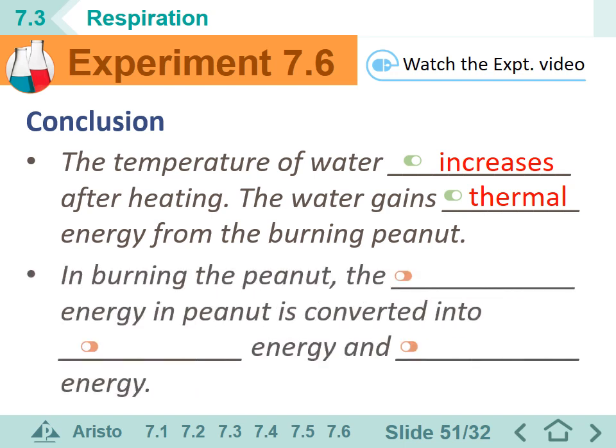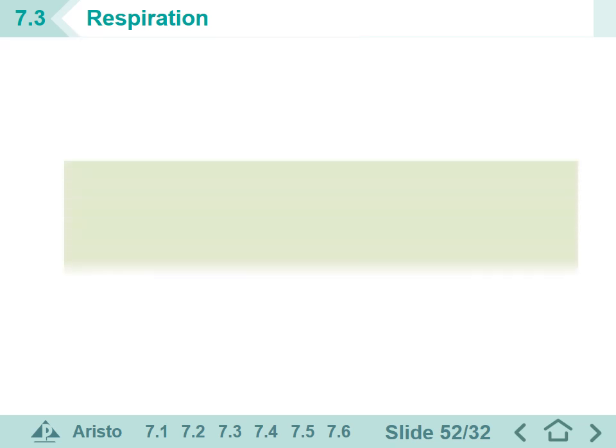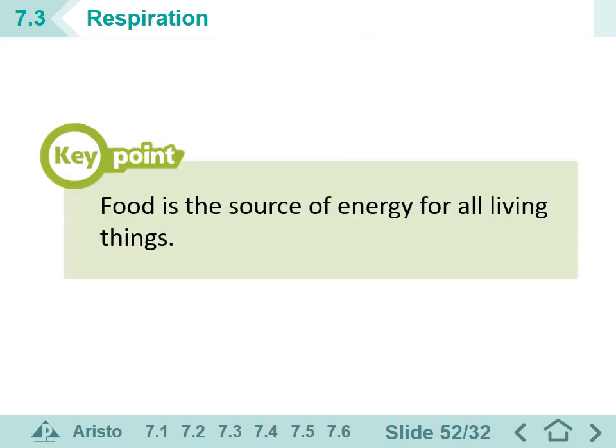In burning the peanut, the chemical energy in the peanut is converted into thermal energy and then light energy. 光加熱就係火. So we prove that food is the source of energy for all living things.